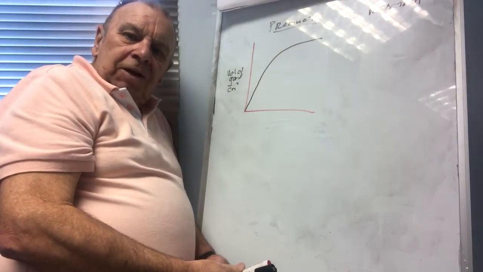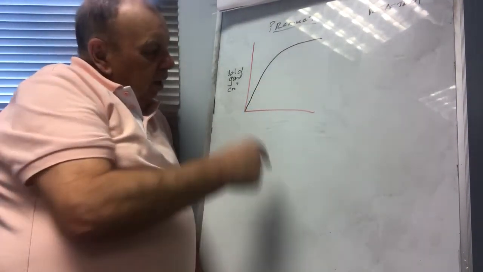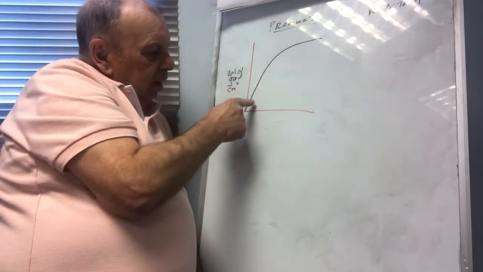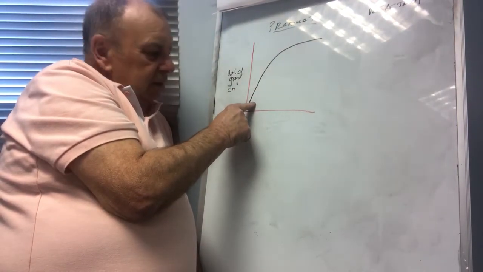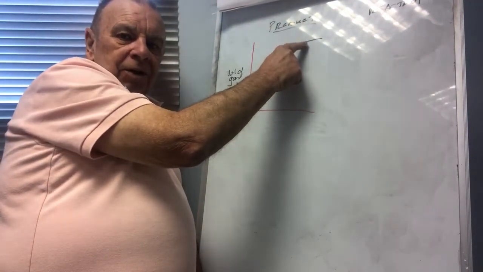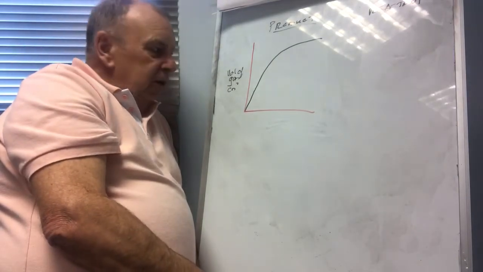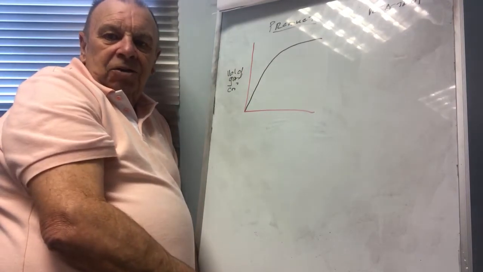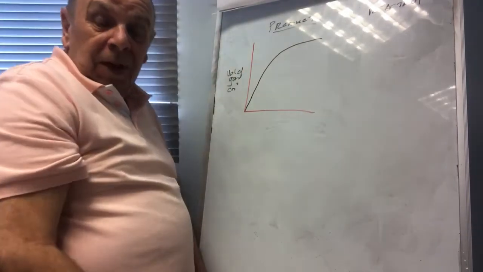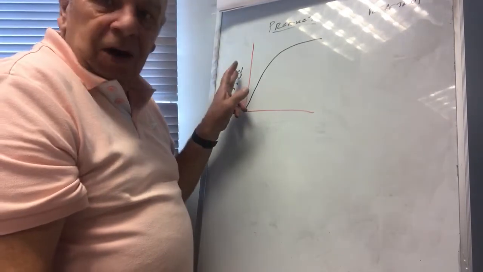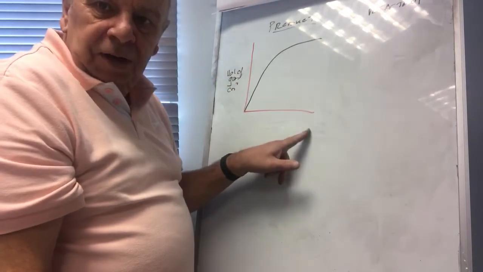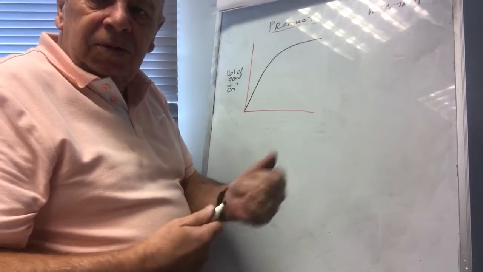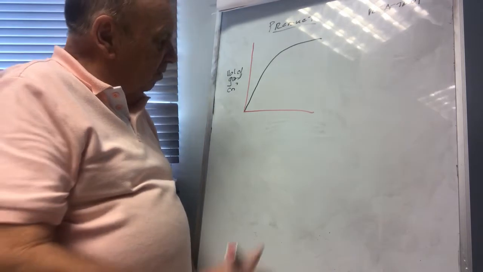The rate of reaction, I've said it's quickest here and it slows down, and the gradient here is different from that gradient there. It's the gradient, i.e. the change in this with respect to that, that gives us the rate of reaction, because I've said it's the quantity of product divided by time. Let's put in some actual figures for this now.